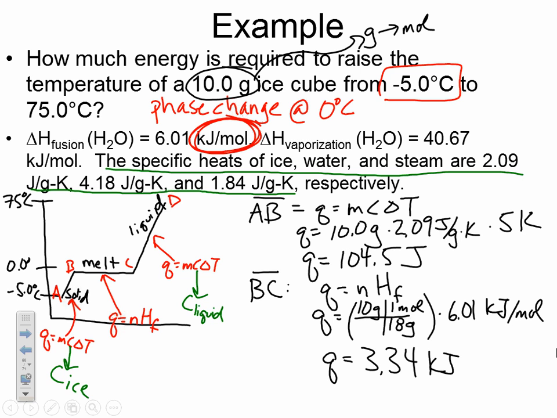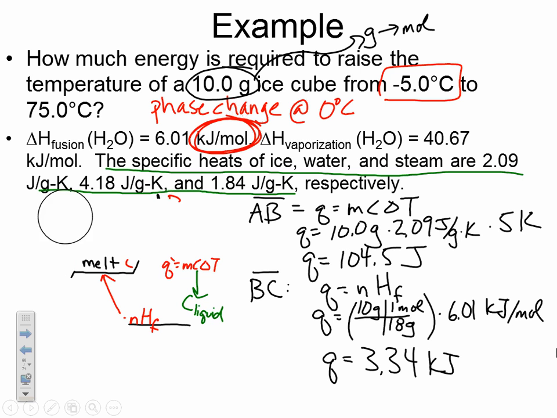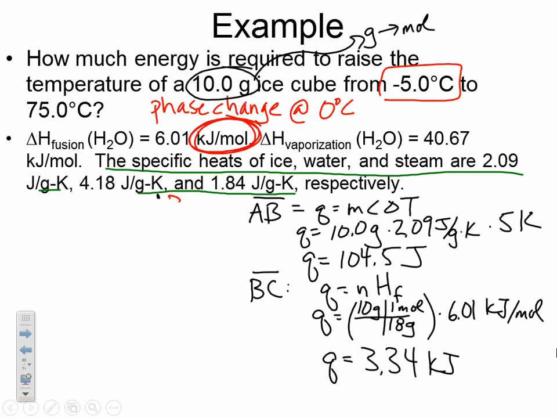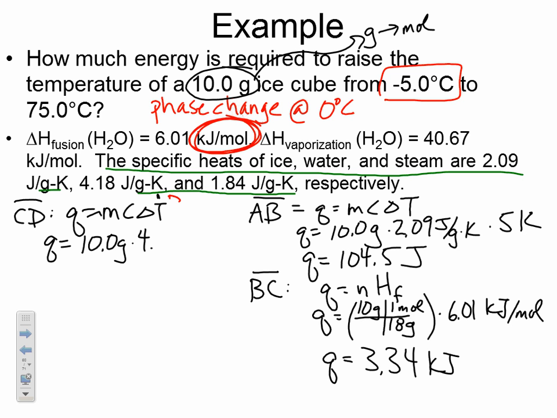And then I have to erase some stuff because this is a multi-step process. Then I'm just going to do my last line segment, which is CD, which was a changing temperature, and this is Q equals mc delta T. Now this was for the liquid, so I'm going to go back to using 4.18 joules per gram Kelvin, again times the change in temperature, which is 75 degrees Celsius, which also is a change of 75 Kelvin.